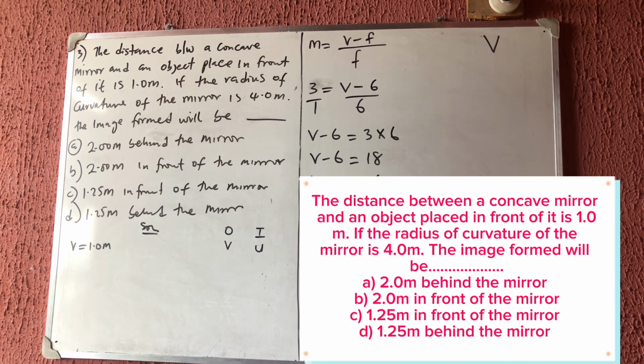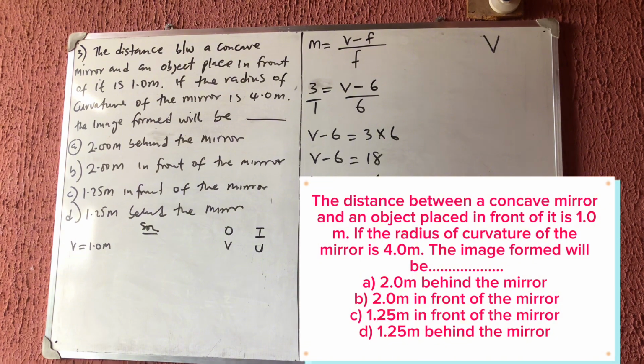They said the distance between a concave mirror and an object placed in front of it is 1.0. The object is V. Is it?